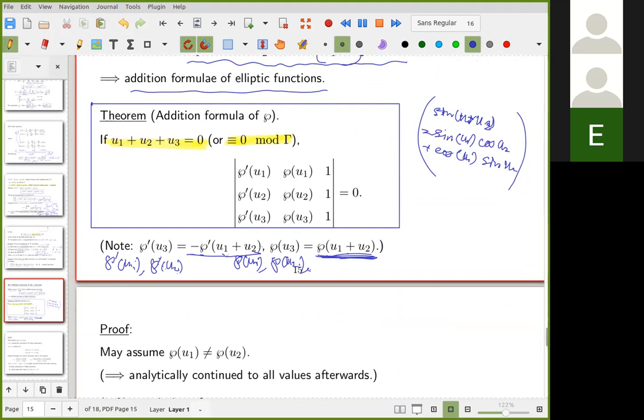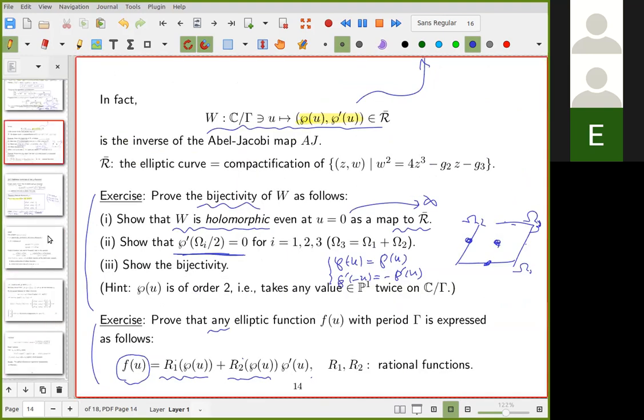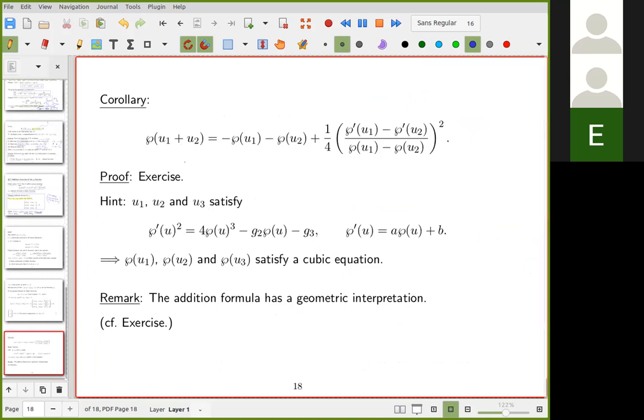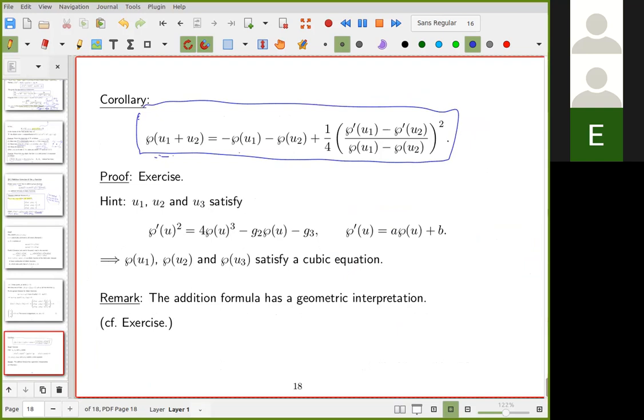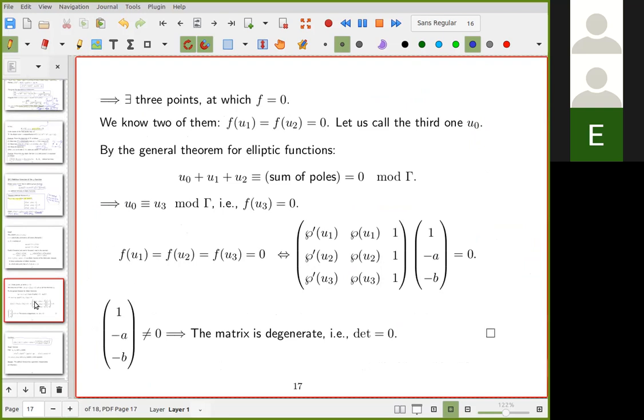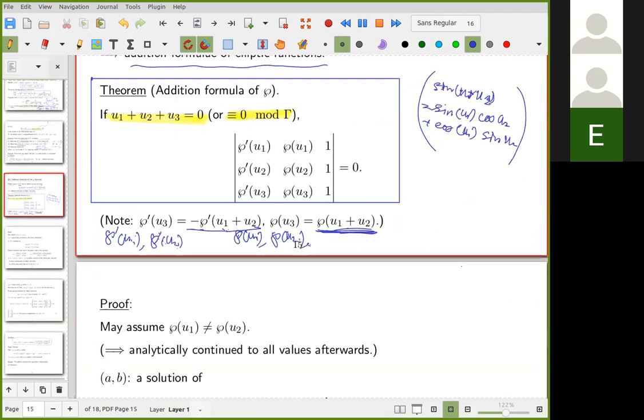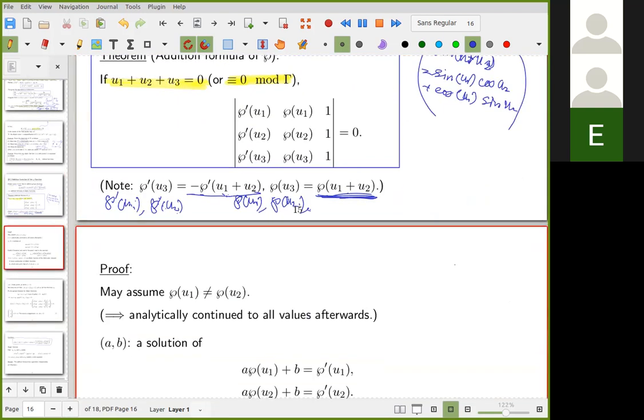But later, we can rewrite that formula in this way to express p of u1 plus u2 in terms of p of u1, p of u2, and p prime of u1, p prime of u2. So for the moment, let's prove this expression.